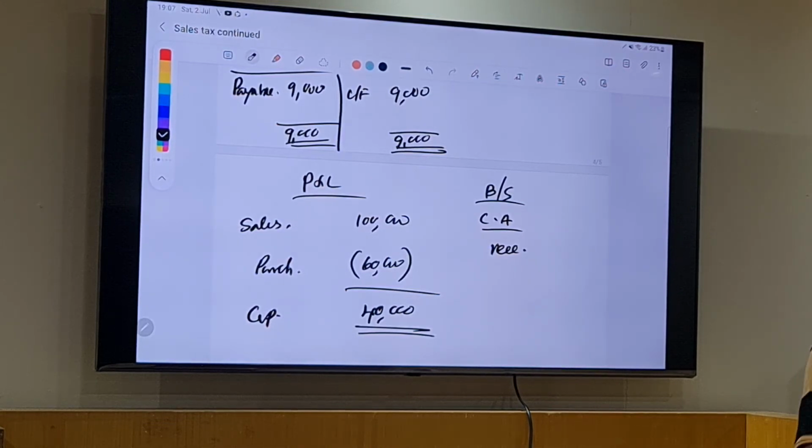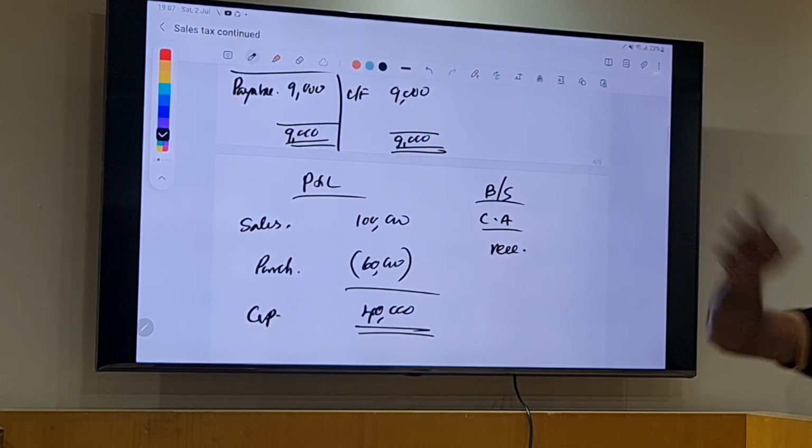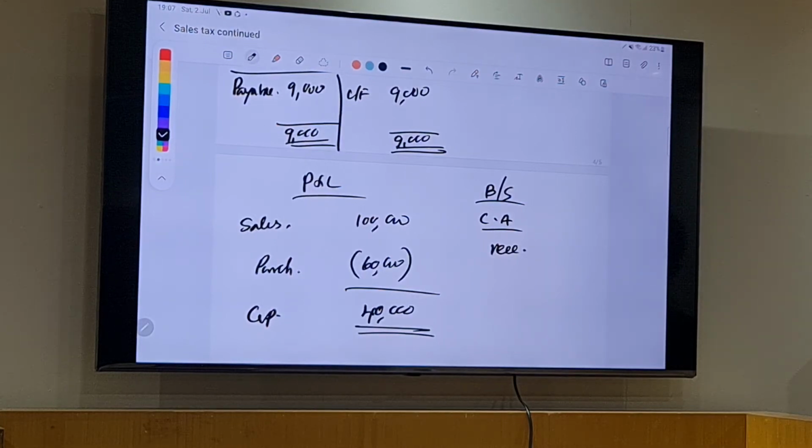No. Let's say you are paying something for SPE to somewhere, then SPE pays you. So is it an expense for you? This 9,000 will go to the balance sheet as receivable. Because although there is a mechanism to recover from the government, it is not through cash. You will have another payment, and they will deduct it from that. Exactly.